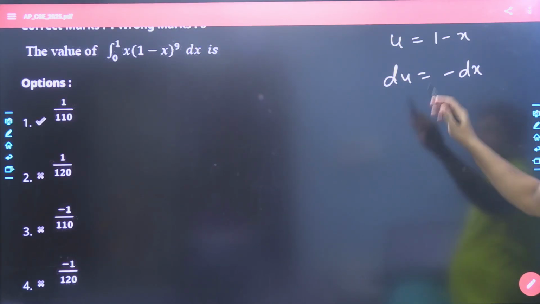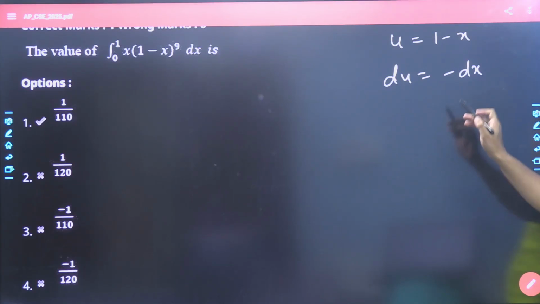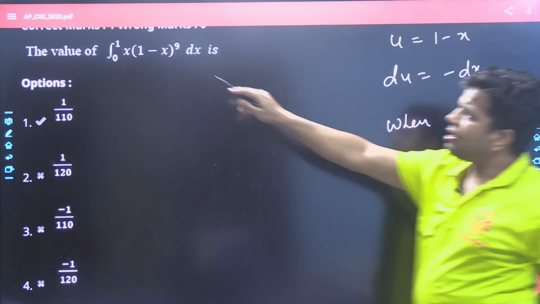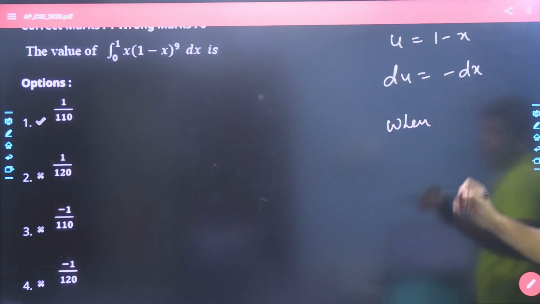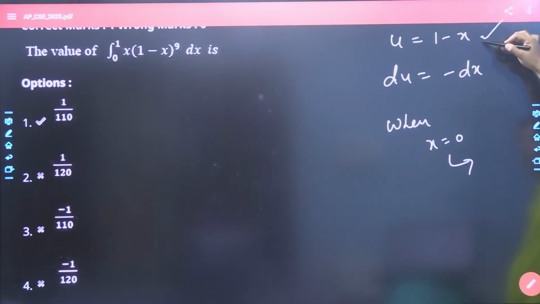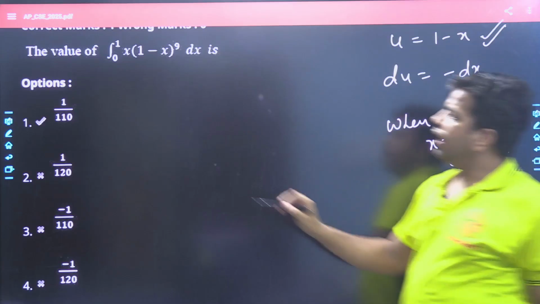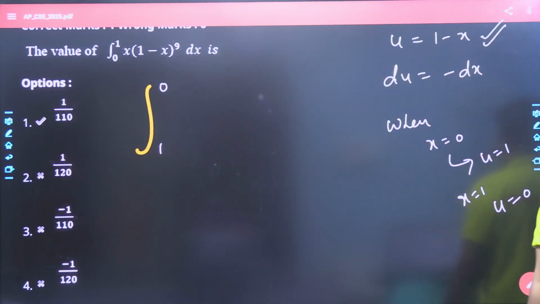Okay, so just see, we need to change the limits also, because these limits are for x, now we need to change the limits for u. So when the value of x is 0, put that value in this equation, the value of u becomes 1, and when the value of x is 1, then u becomes 0. So in your integration the limit just changes from 1 to 0.